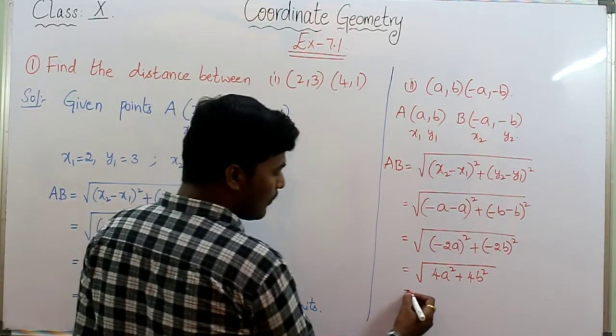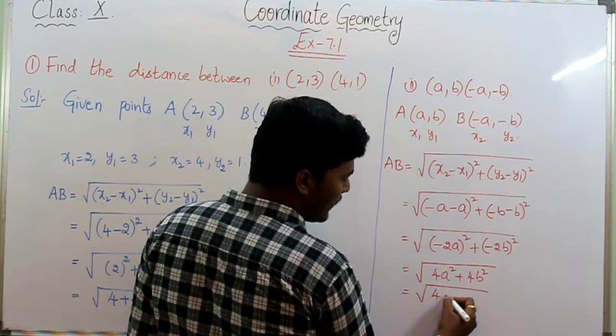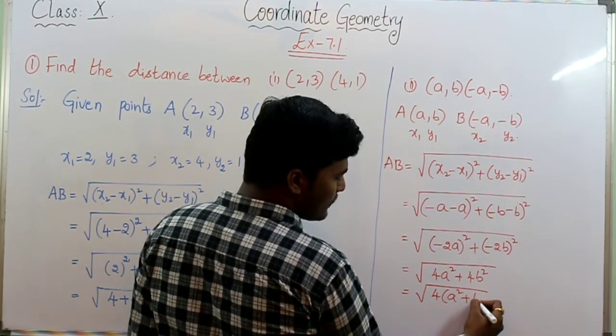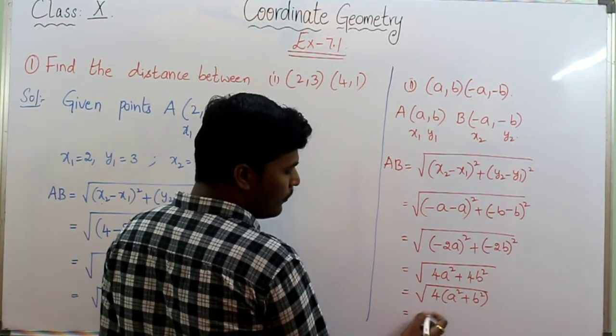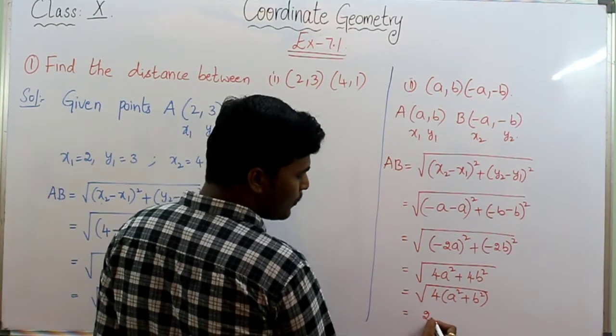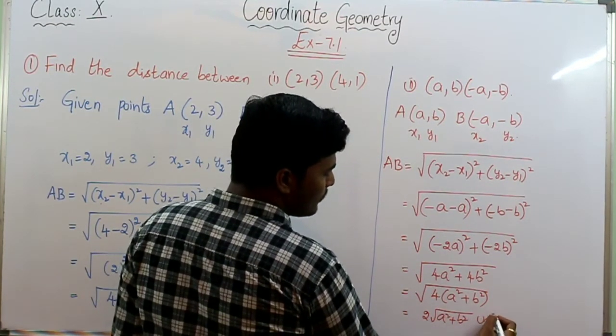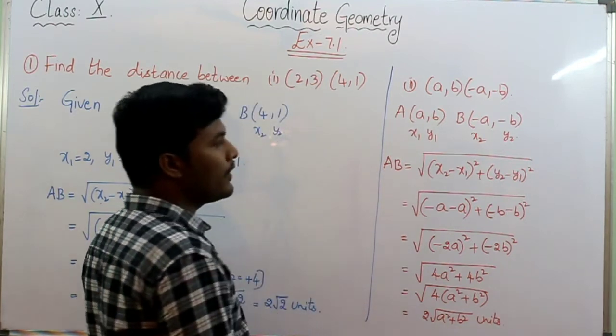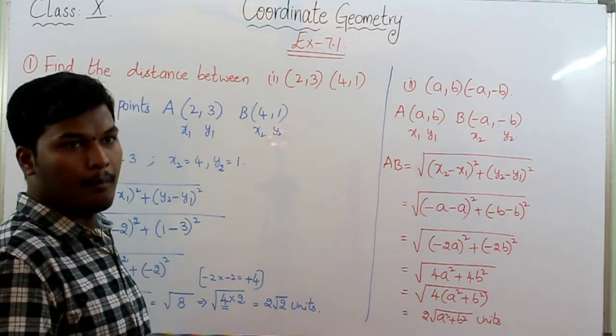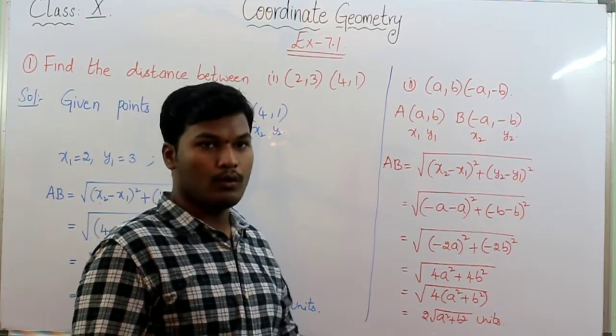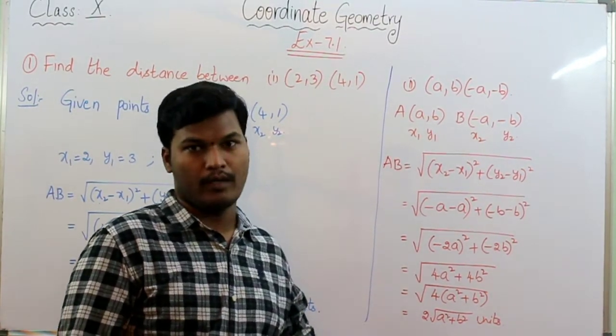Okay, now you can also take 4 common here, then you are left with a square plus b square. Now when you bring this 4 outside, it will become 2 root a square plus b square units. So the distance between (a, b) and (minus a, minus b) is 2 root a square plus b square.